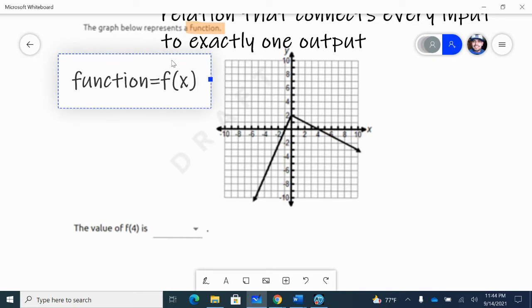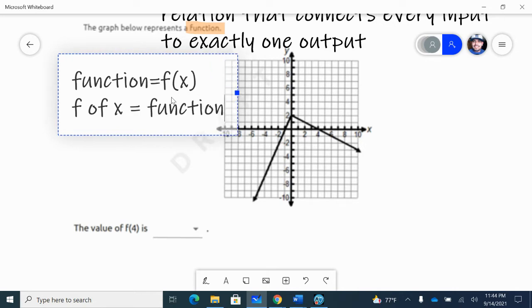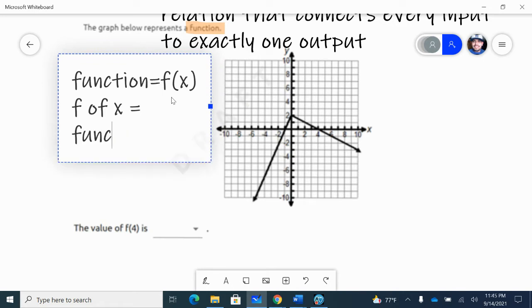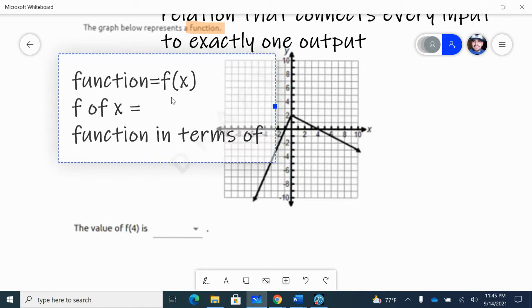Write this at the bottom: f of x means function, a function in terms of x. That's what this meant.